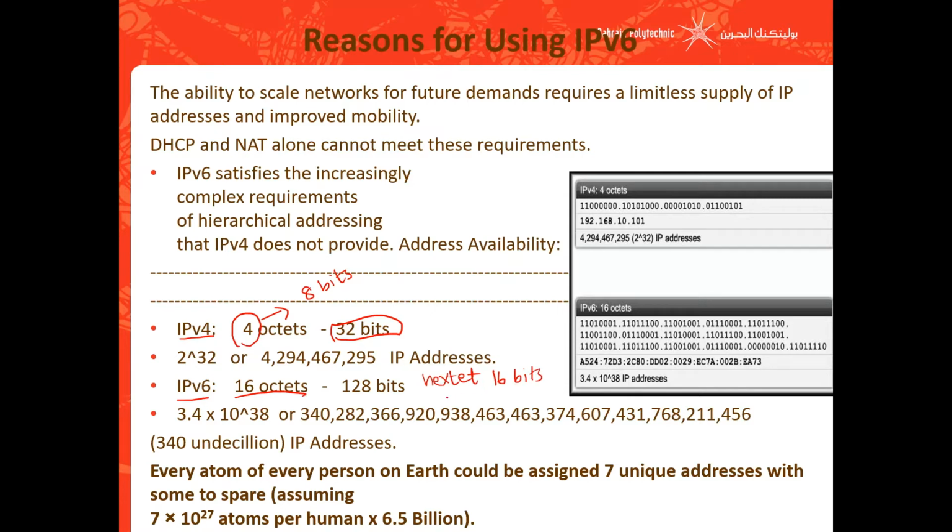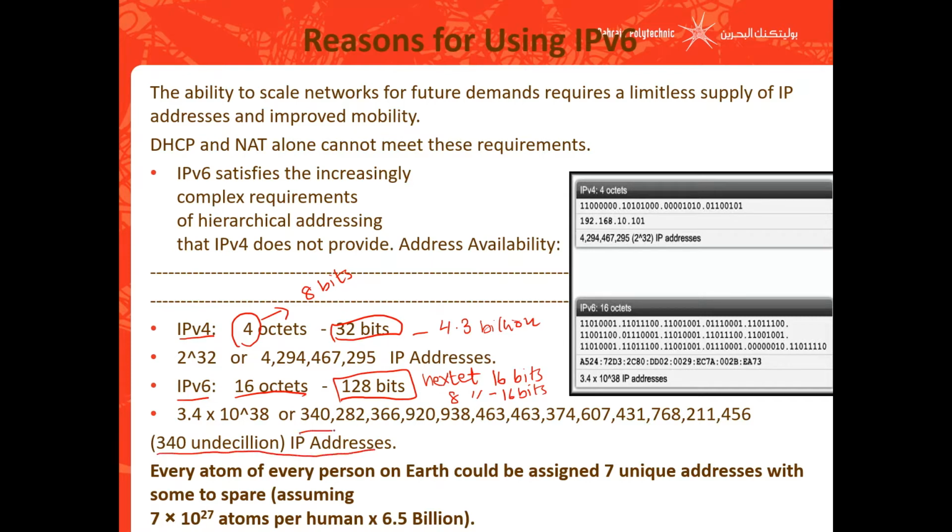Okay, so you have basically 8 hextets, each of which has 16 bits. If you calculate 8 times 16, you get 128 bits. Now, like I said, with IPv4 you have almost 4.3 billion addresses, and with IPv6 you have 340 undecillion IP addresses.